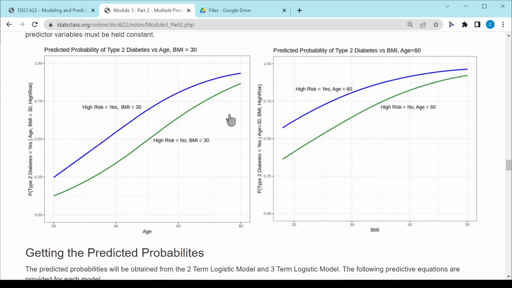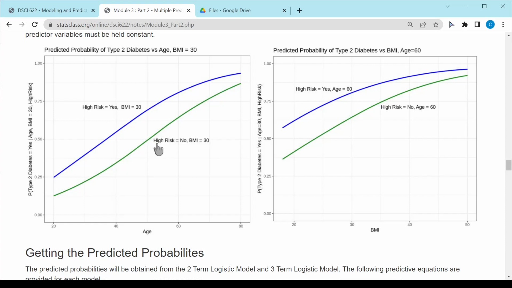You can reduce your 3D surface down to simple graphs in two dimensions, but if I want to look at the effect of age on the predicted probability of having diabetes, I have to set the BMI at a certain level. So here I'm setting the BMI to be 30. And then I'm able to plot these two curves.